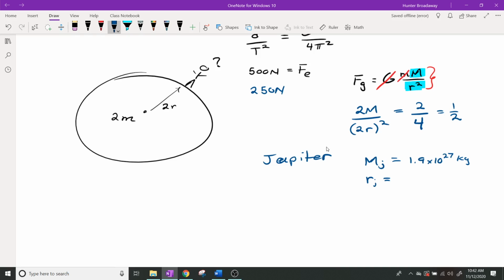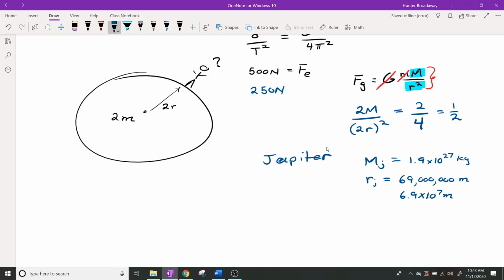Okay, so that's 69 million meters. Do you really want to write it like that? How about scientific notation? 1, 2, 3, 4, 5, 6, 7. 6.9 times 10 to the 7th meters.